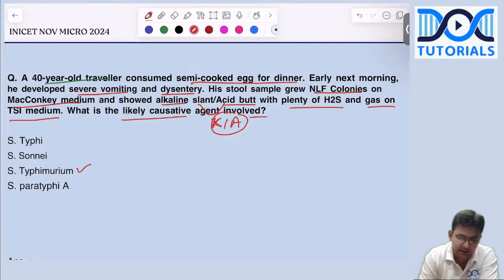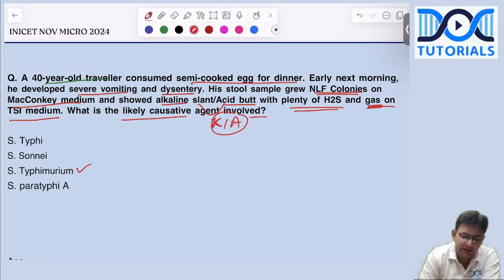That is okay with Salmonella typhi also. But plenty of H2S is not there in Salmonella typhi. Only a very small amount of H2S is there, and there is no gas in the case of Salmonella typhi. So your question changed from this particular line. The answer to this question is typhimurium because it is producing NLF colonies.